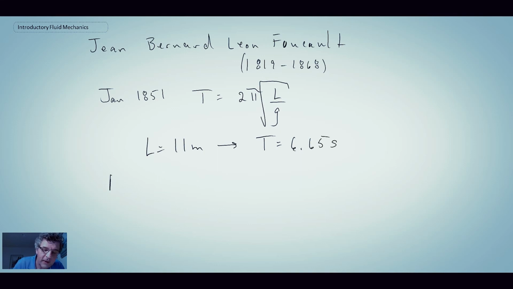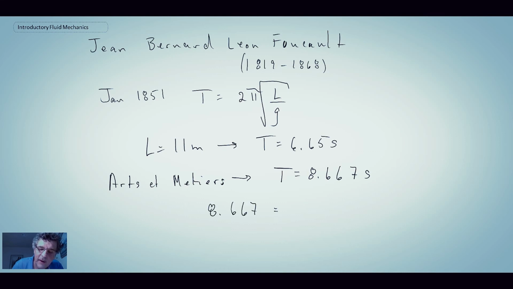The one in Arts et Métiers that we just looked at, we said the period was 8.667 seconds, and so we can look at our equation: 8.667 equals 2 pi square root of L over g.